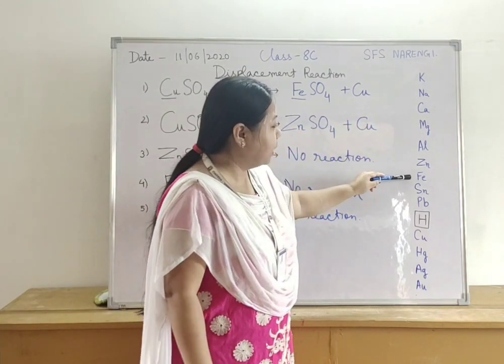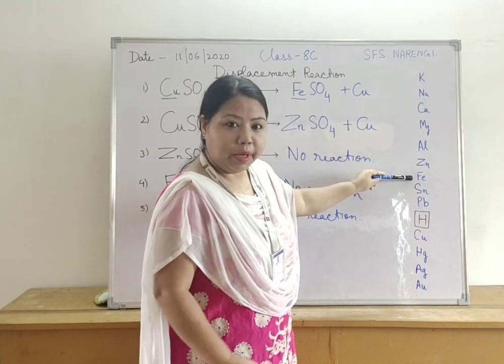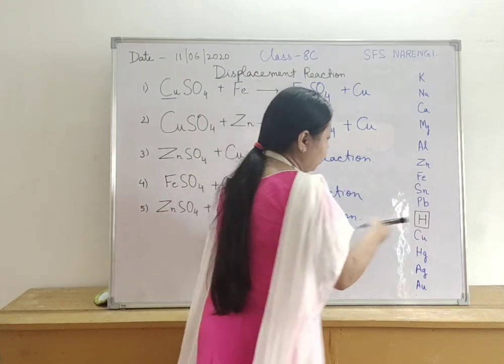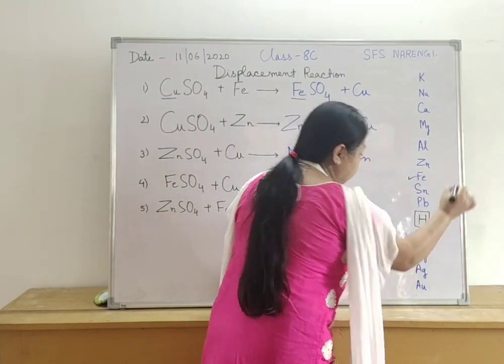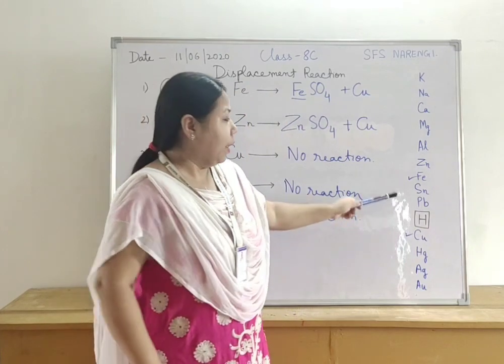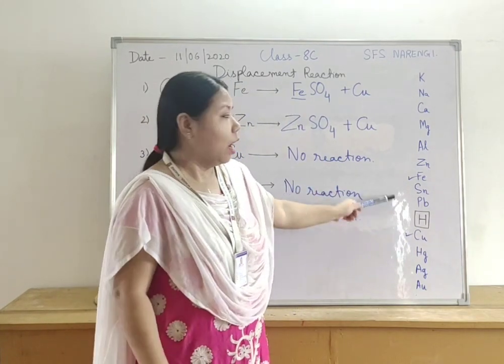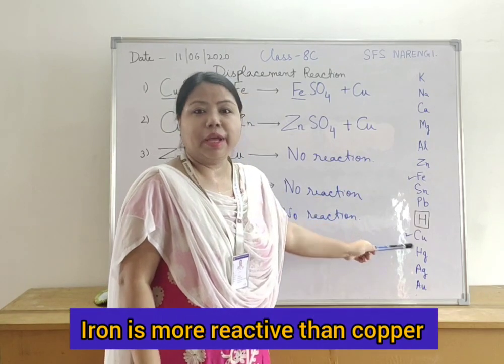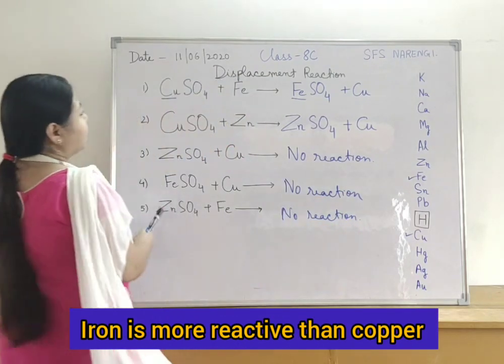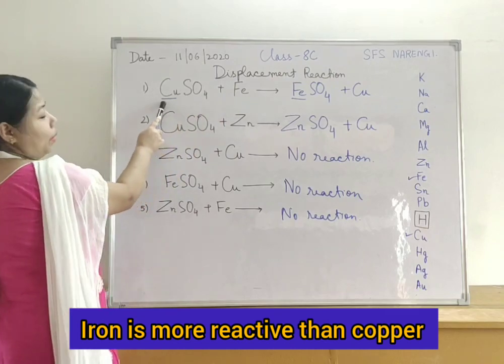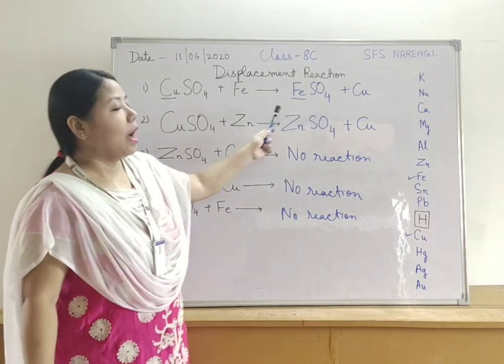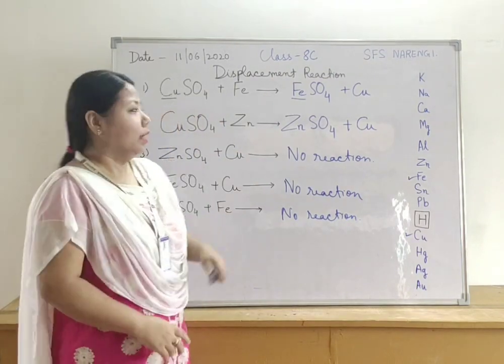You will find that iron is placed above copper. That means iron is more reactive than copper. As a result, iron can replace copper and form iron sulfate.